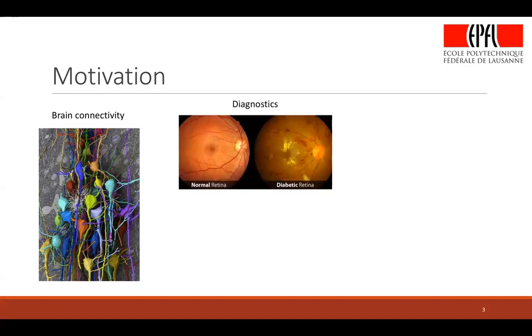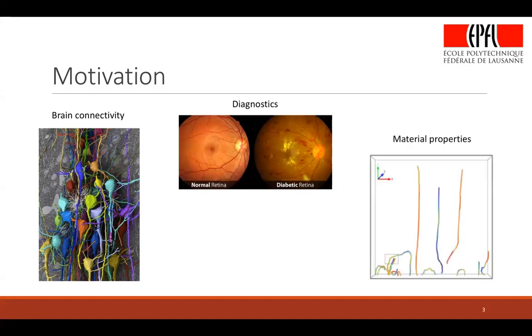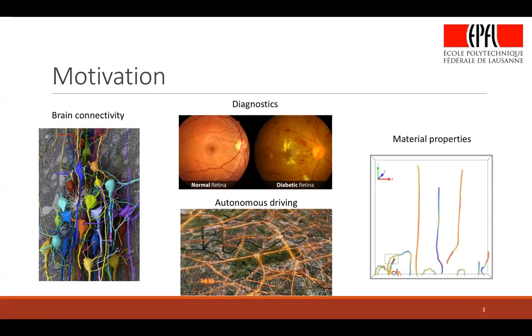Detecting blood vessels, in this case in the retina, is very useful for diagnostics, for example, of diabetes. And finally, detecting cracks in materials is useful for studying material properties or stress analysis. And last but not least, detecting road networks is important for autonomous driving and also for quick updates of new maps.